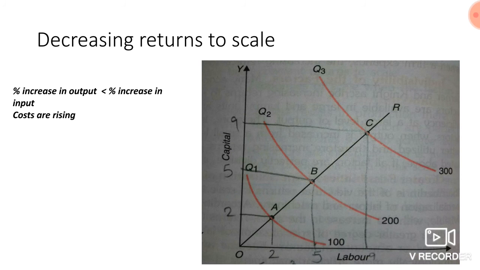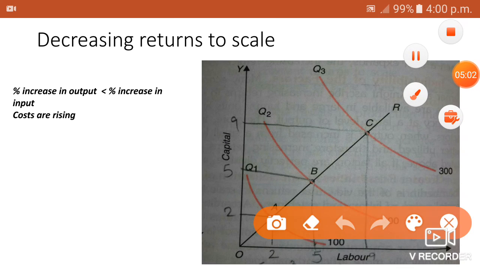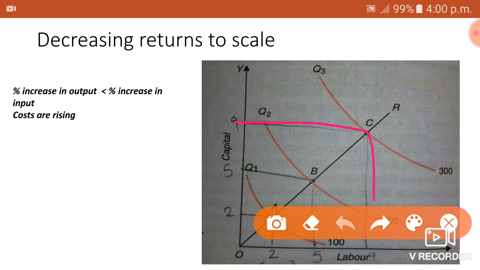Decreasing returns to scale. In this diagram we can see that on the first isoquant curve there are 100 units of production with 2 units of capital and 2 units of labor. On the second isoquant there are 5 units of capital and 5 units of labor. And on the next isoquant, 9 units of capital and 9 units of labor.